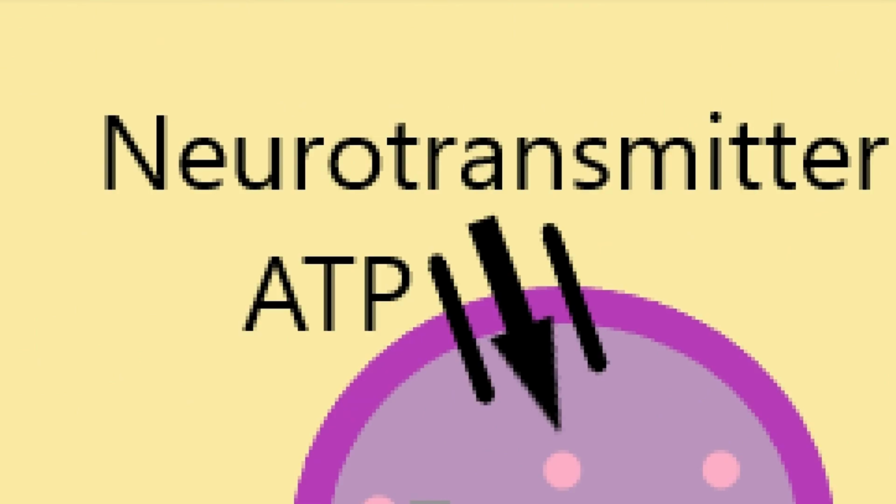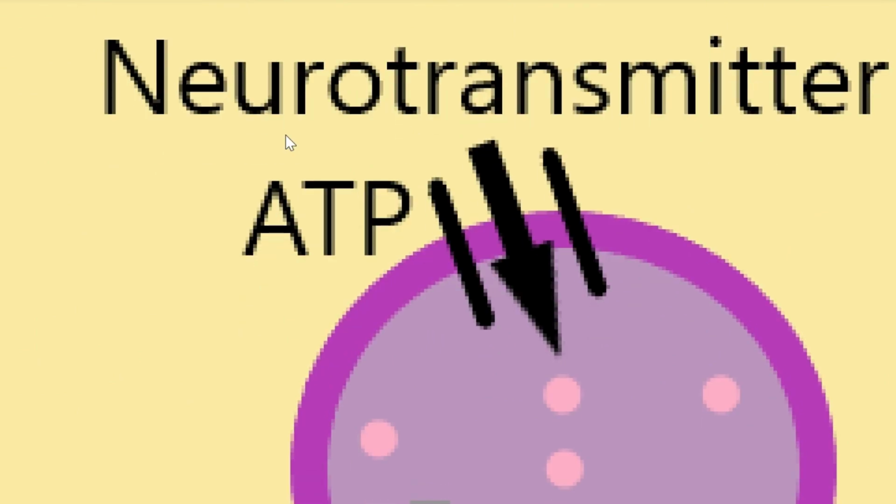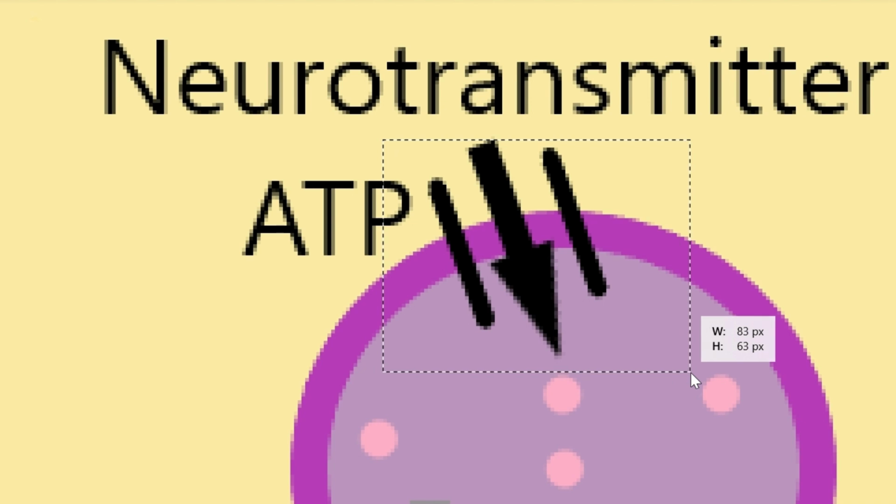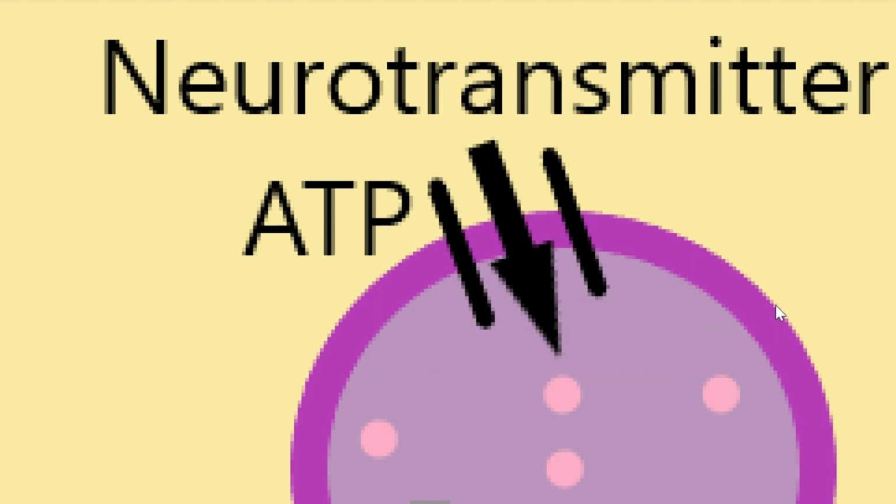And when you have this packing of neurotransmitter into your vesicle, vesicles are essentially packed in something known as quanta, which essentially means that every vesicle contains the same amount of neurotransmitter. And so these active transporters are very important for ensuring that every vesicle has the exact same quanta of neurotransmitter. And this quanta can be very different depending on the synapse.